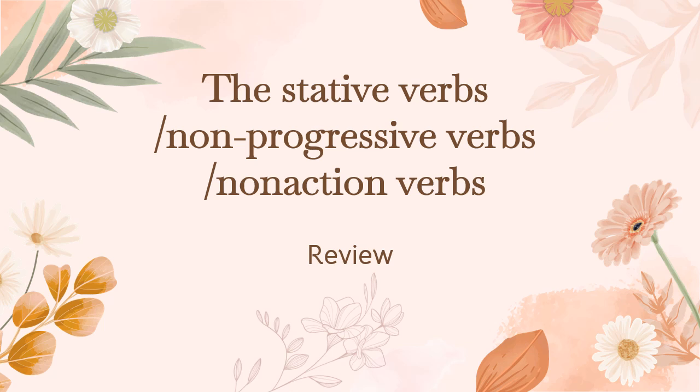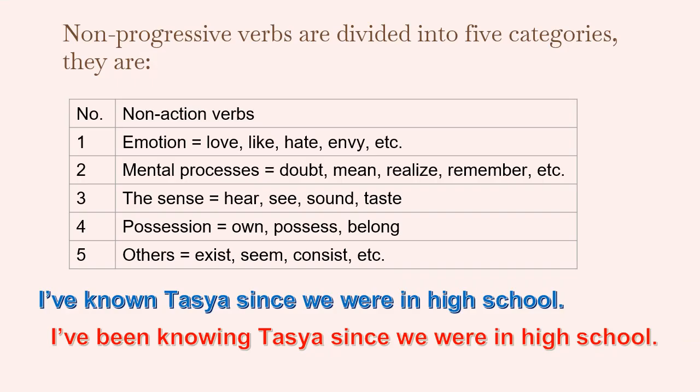Review. The stative verbs, or non-progressive verbs, or non-action verbs. Non-progressive verbs are divided into 5 categories. Number one, emotion, for example, love, like, hate, envy, etc. Number two, mental processes: doubt, mean, realize, remember, etc. Number three, the senses, for example, hear, see, sound, taste.